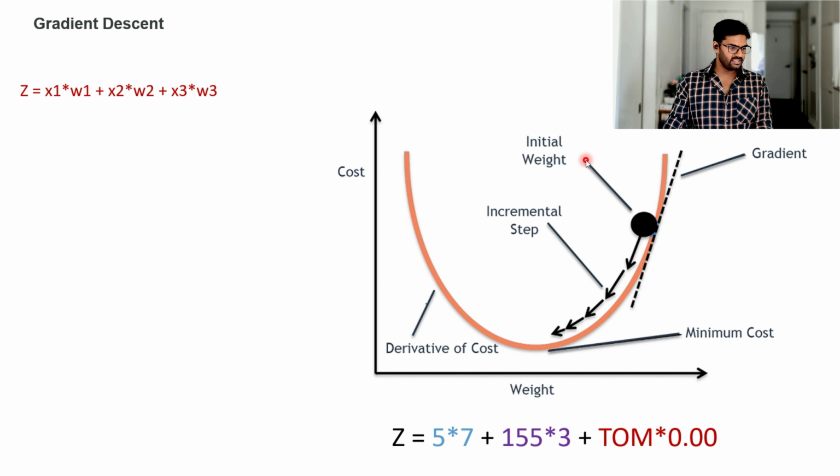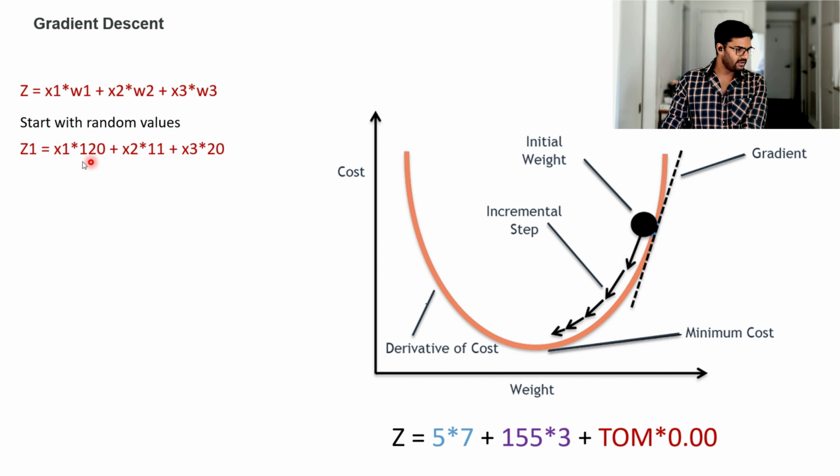So we start with an initial weight somewhere here, and we say z, which is our output, is x1 multiplied by w1, w2 and w3. Then we say start with random values. So let's say weight was 120, 11 and 20. Normally the weights are actually in floating points, but for the sake of example, I'm just taking integer so that it's easier for us to understand.